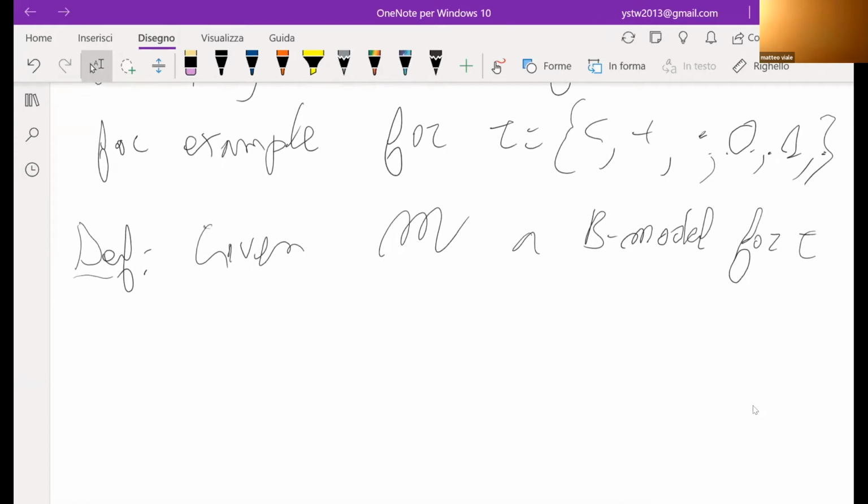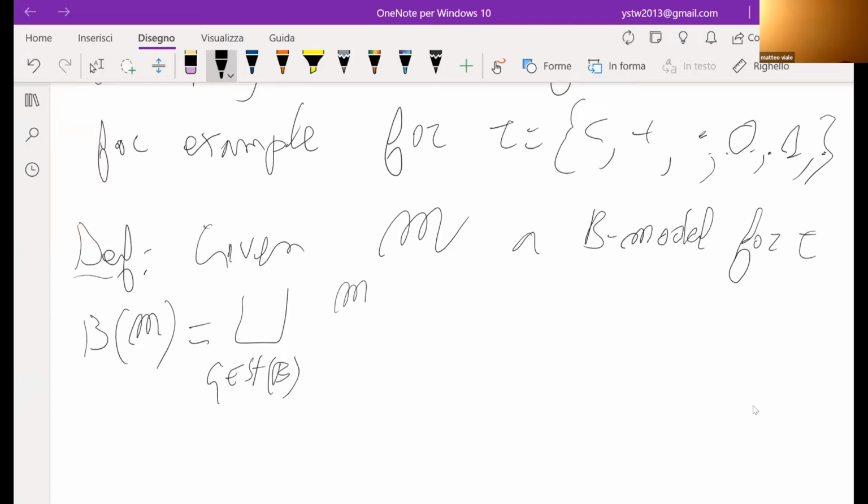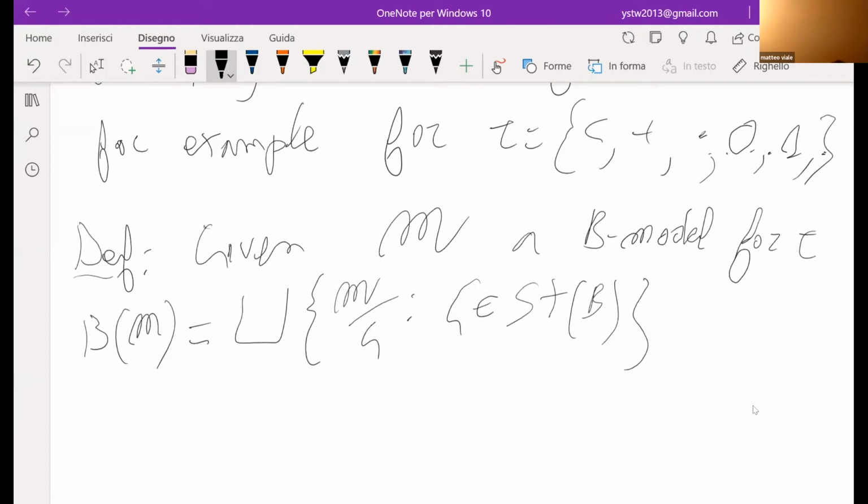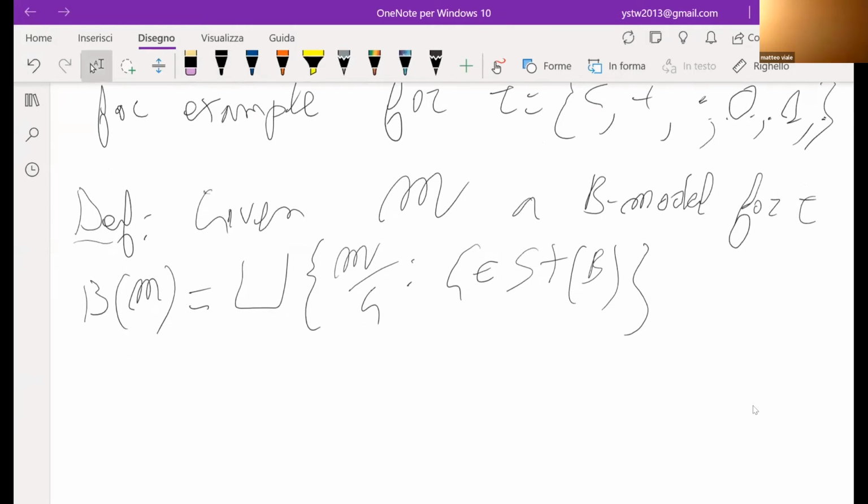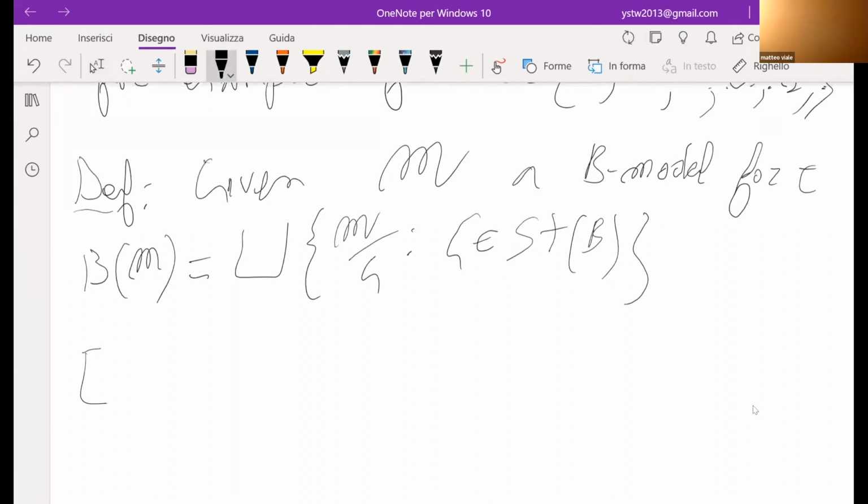And we let the B of M be the disjoint sum over the stone space of B of the sets, those Tarski structures for G. Well, let me write it more correctly.